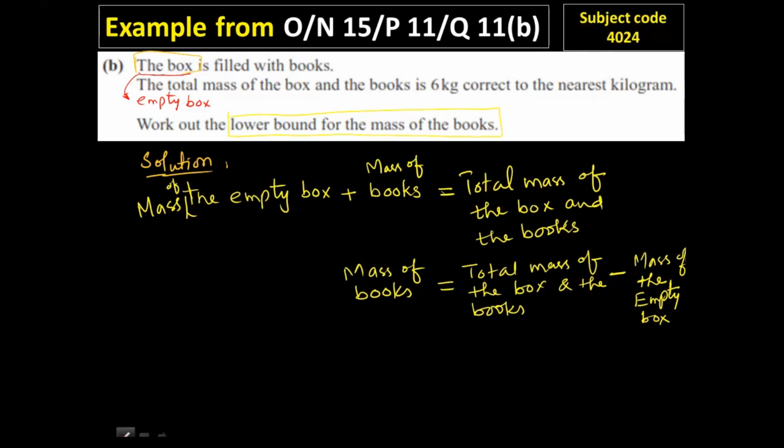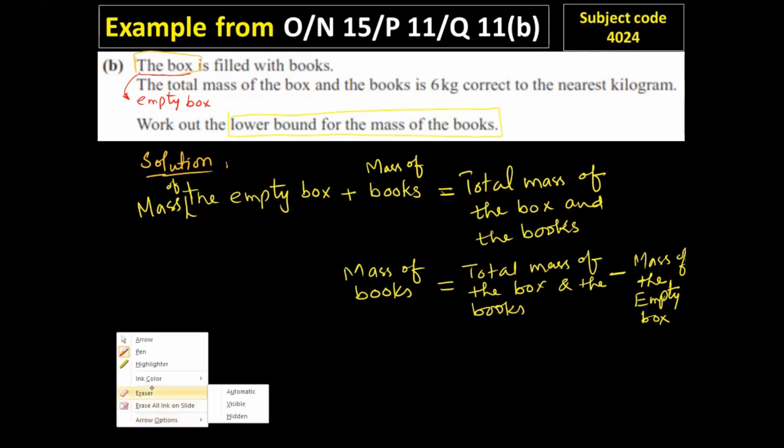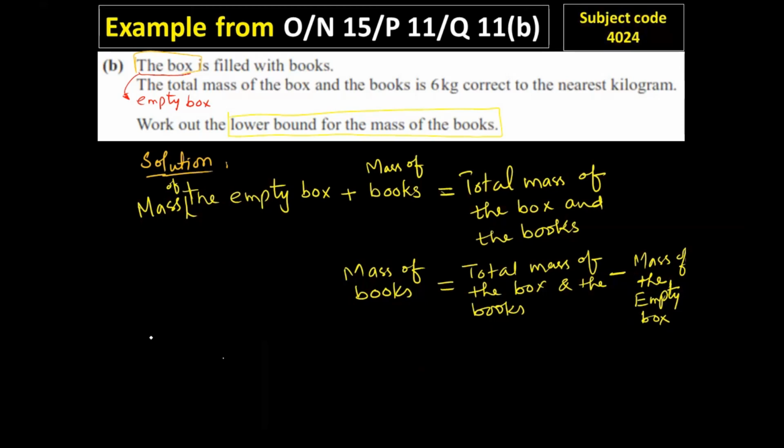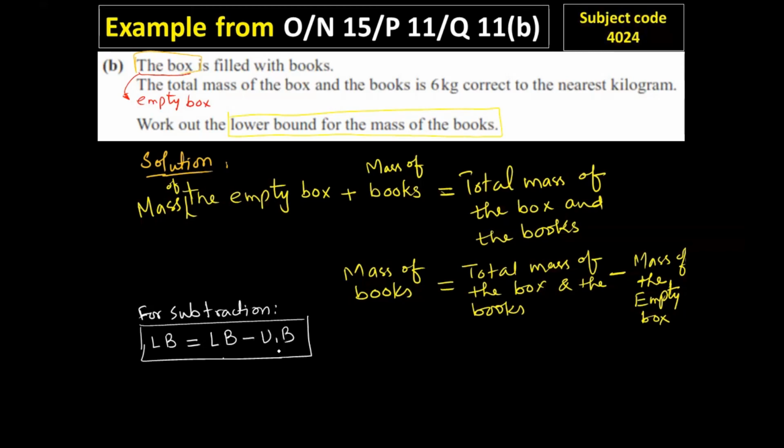In this question, this is the subtraction case. So recall the rule for subtraction. If you are going for the lower bound for the subtraction case, the first value will be lower bound and the second value will be upper bound.